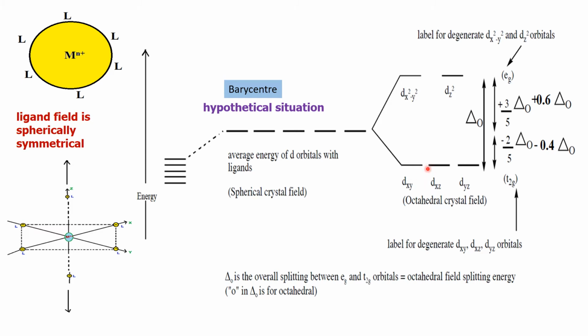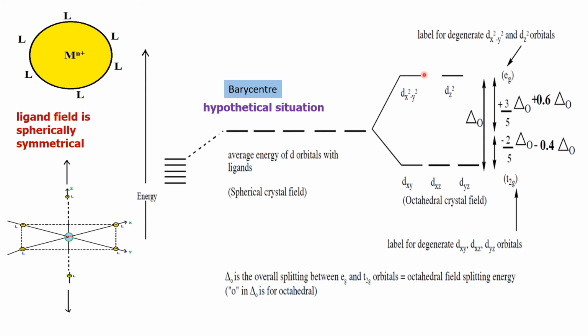So for the non-axial orbitals, that is the T2G orbitals, the energy is decreased, while the energy of the EG orbitals is increased. The greater the repulsion, the greater the energy of the orbitals.